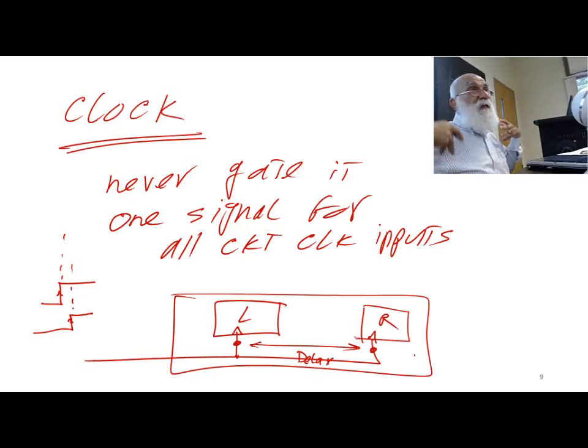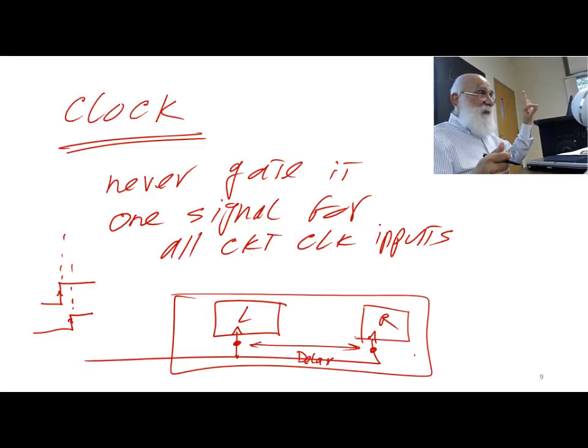And that's why in big circuits what you have is clock distribution logic. This is where I said you respect the clock. You create a clock distribution where some logic is put on the clock so that it arrives in all parts of the circuit approximately the same.